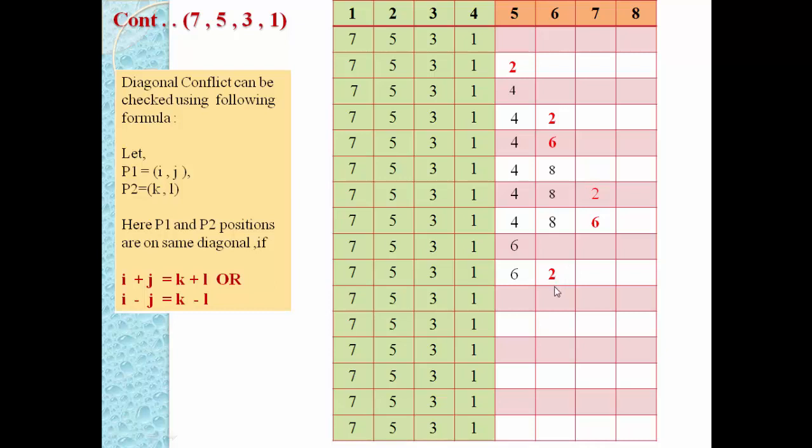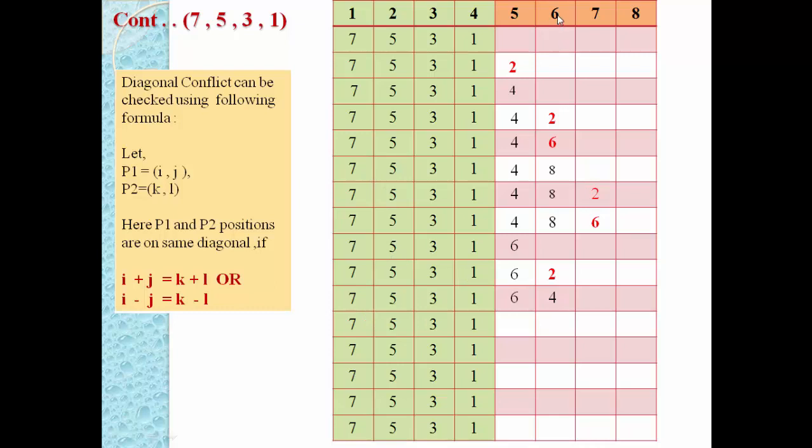So now we need to change the column. Can we place on our column number 3? No, column number 3 is already occupied, so we can use column number 4. So this is fixed. Now we can place our 6th queen on column number 4. Now again we need to check. 6 plus 4 is equal to 10. Is there any queen out of these 5 which has addition of row and column equal to 10?